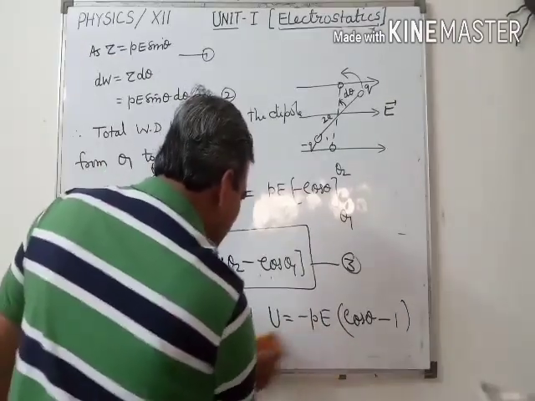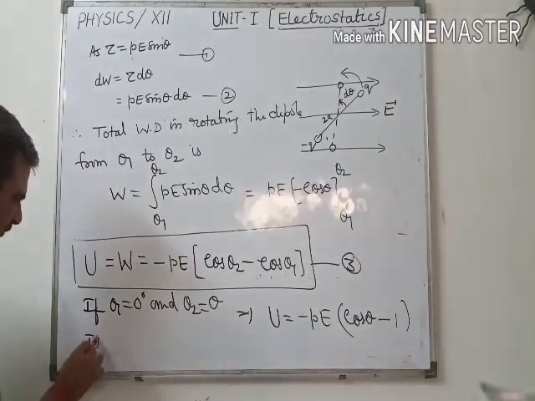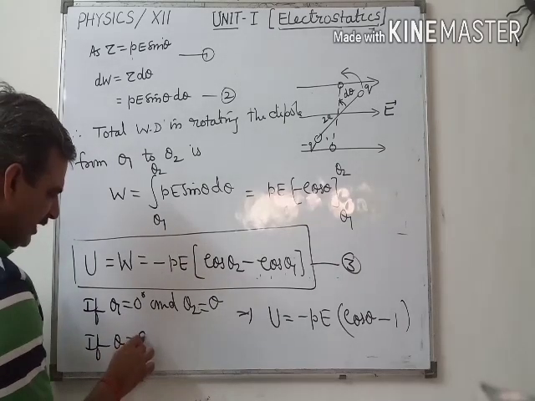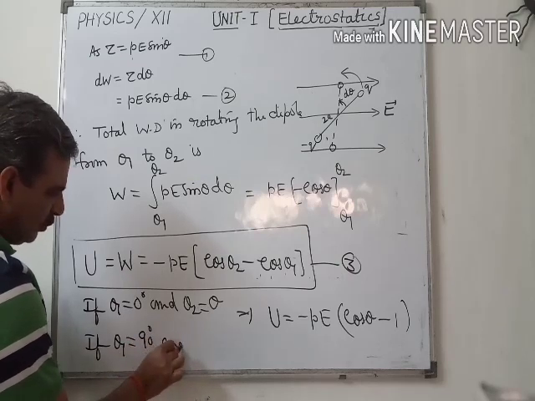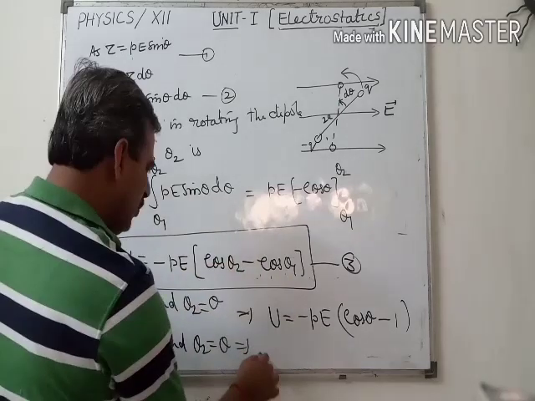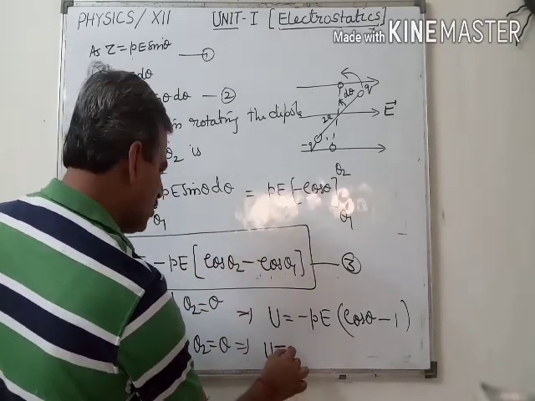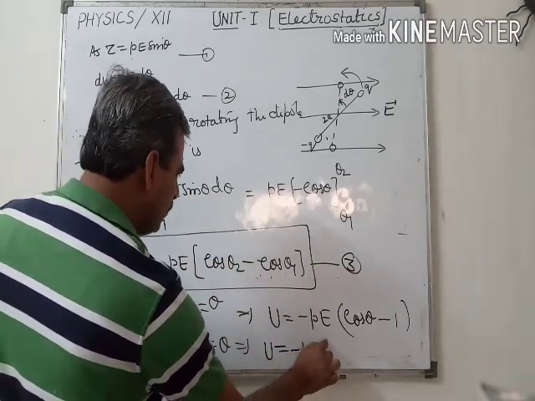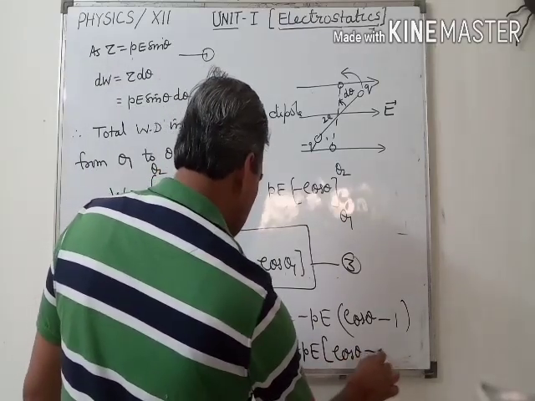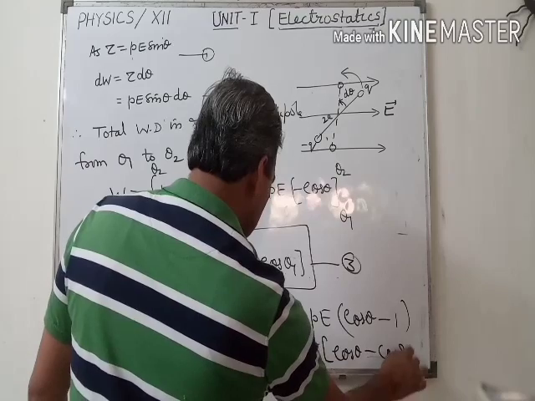Now one more thing is there. If theta 1 is say 90 and theta 2 is say theta, then from the same expression you have U equals minus PE times cos theta 2, so cos theta, minus cos 90.